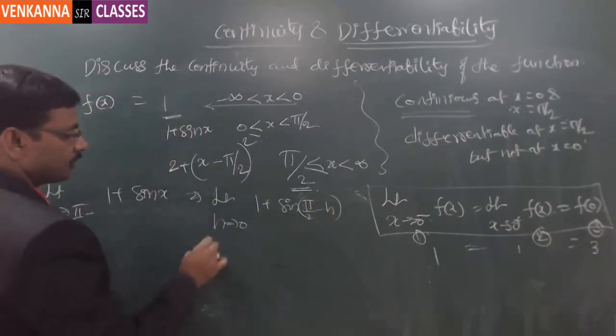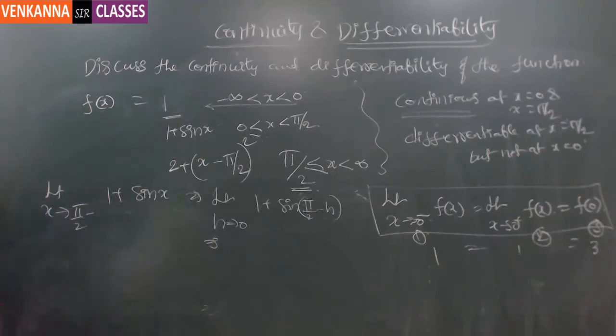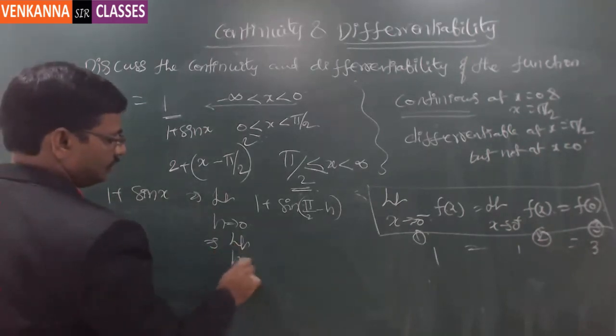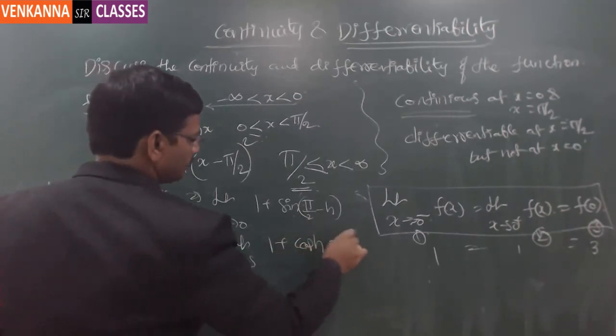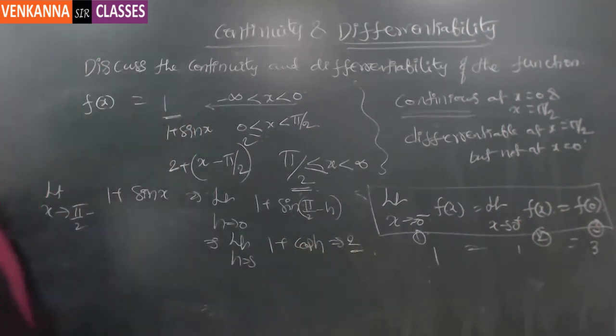What is this value? The limit as h tends to 0 of 1 plus cos h. This value is coming out to be 2. Is this correct? Can somebody confirm?